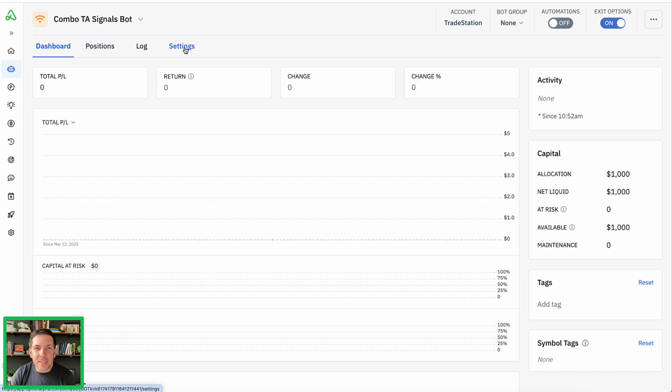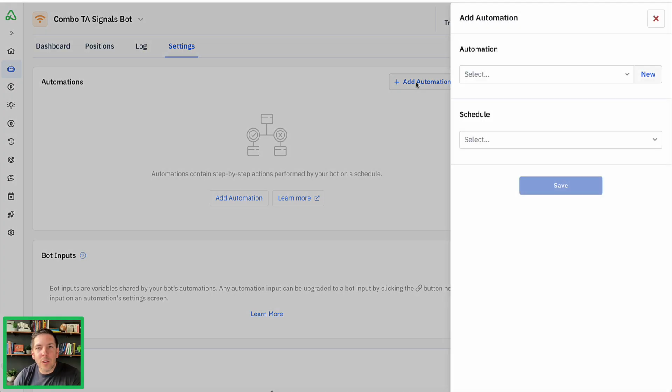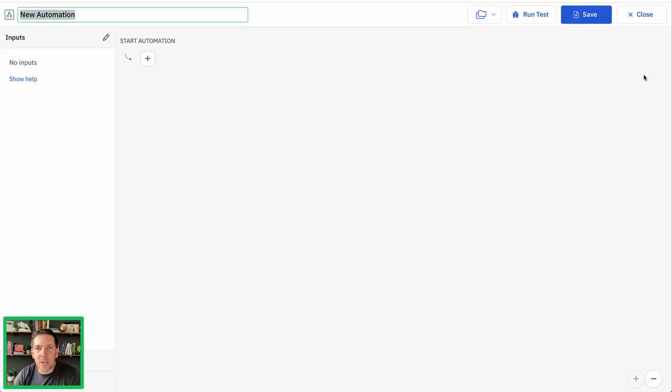And then inside of the settings for this bot, what I'm going to do is build an automation that basically looks for these technical indicators. So here I'm going to create a new automation. I'm going to call this Combo Technical Signals, and we're going to do RSI plus MACD, okay, for entries. So this is just telling me what this particular automation is going to do.